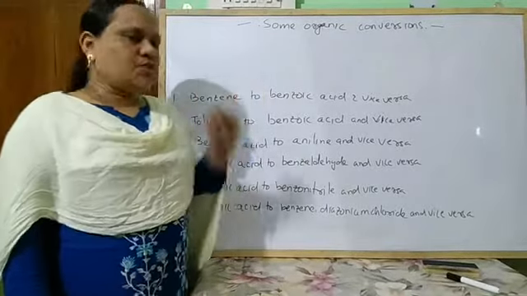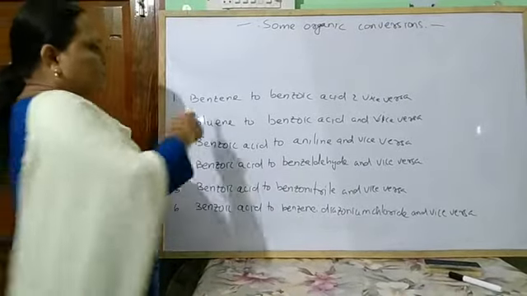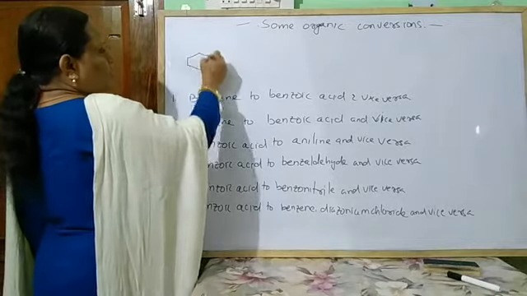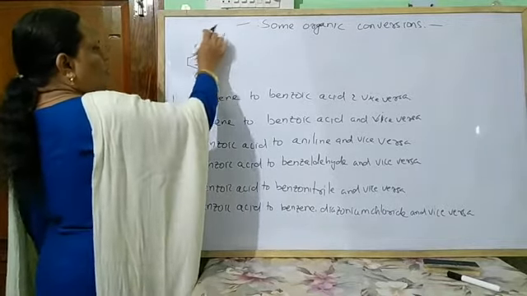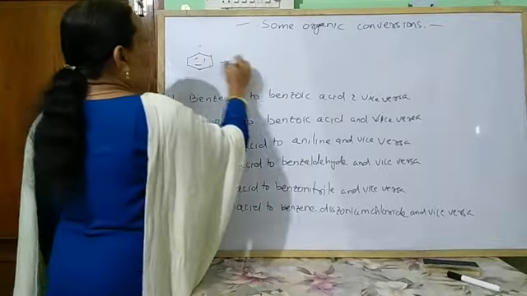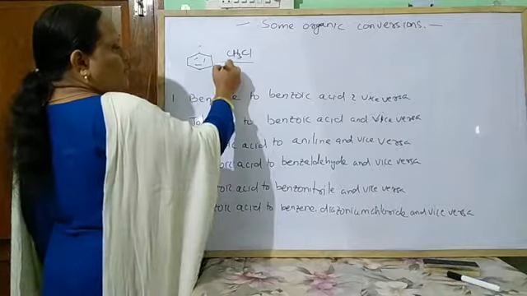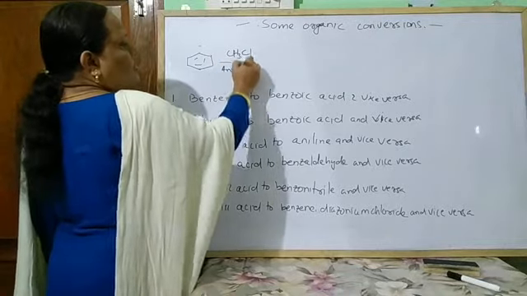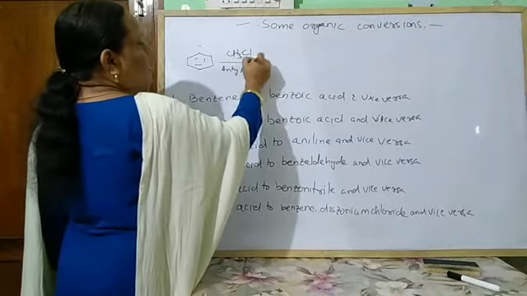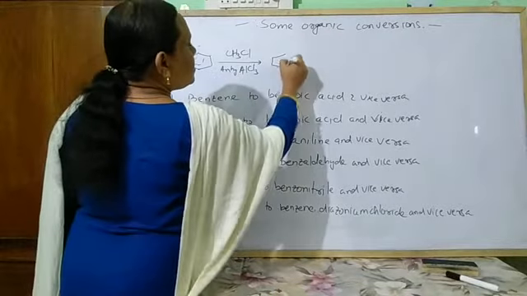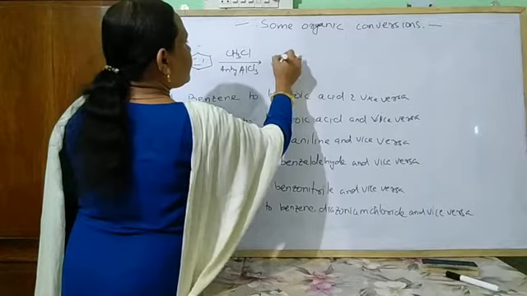Benzene to benzoic acid. This is simple. Benzene reacts with methyl chloride in presence of anhydrous aluminum chloride. You know this reaction, the Friedel-Crafts reaction, so it forms toluene.